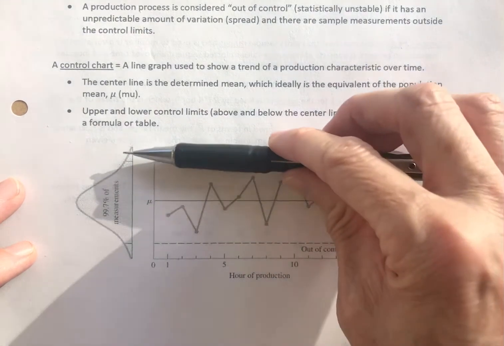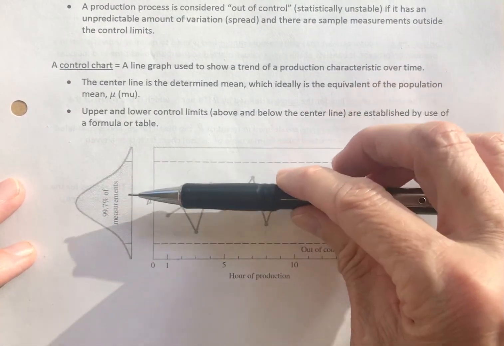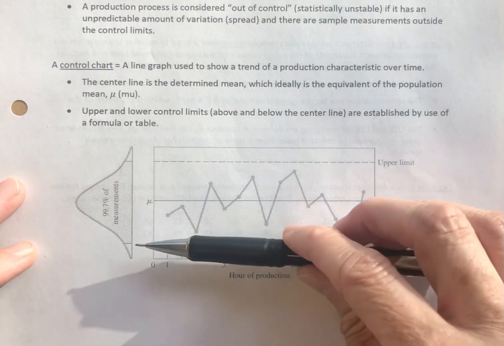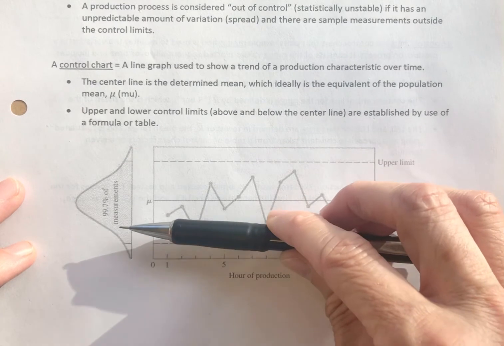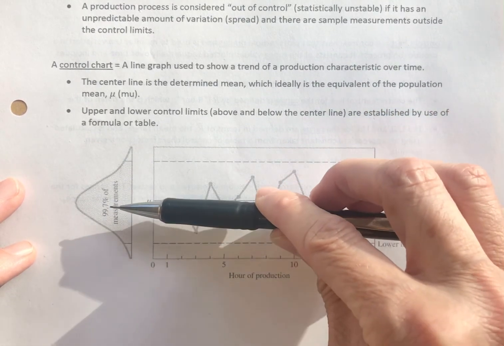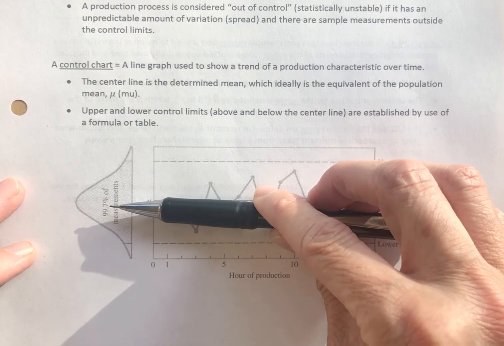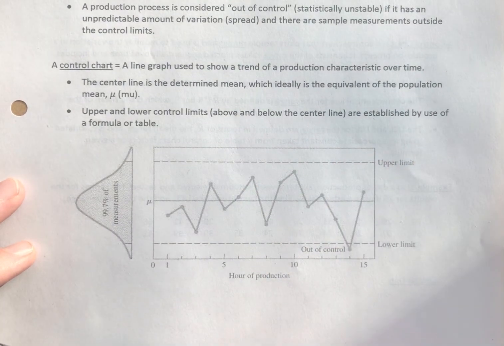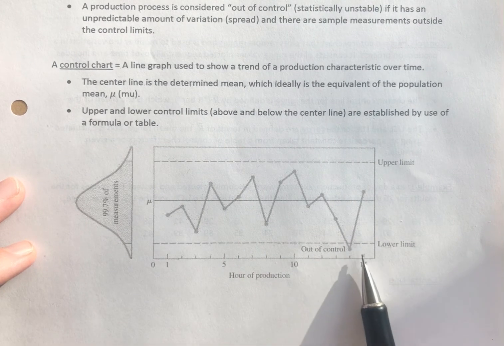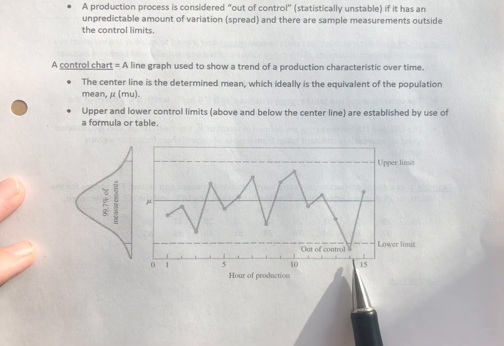Over here we notice that this is a normal distribution. Here's our normal distribution curve lying on its side, and in this case we're at 3 standard deviations above and below, because it tells us that we're at 99.7% of our measurements. Now you can see here that we do have one at hour 14.